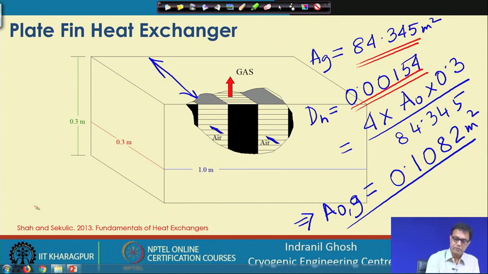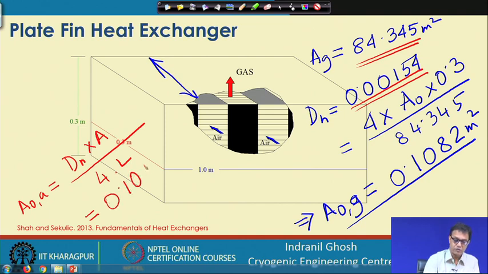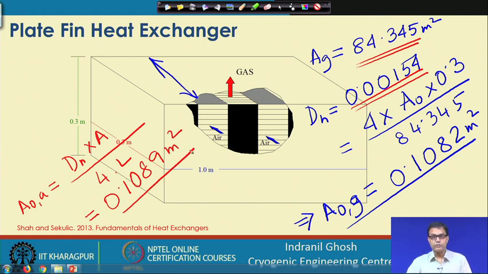For the air side, this will come out to be d_h multiplied by the heat transfer surface area divided by 4L. If we put in these parameters, it will come out to be 0.1089 meter square, that is the heat transfer area associated with the air side.